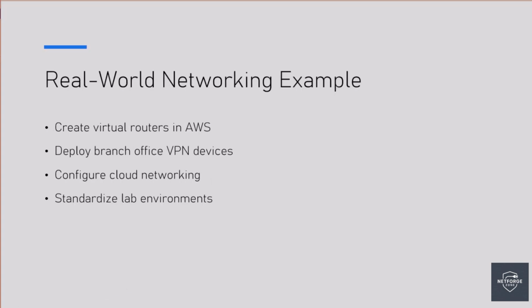Let me give you some real world examples for this. Say, for example, you want to create a VPN between different branches of your network. Say, for example, you are configuring your cloud networking, the different devices that you have created on the cloud, and the network that connects these devices to each other. You want to have standardized lab environments.